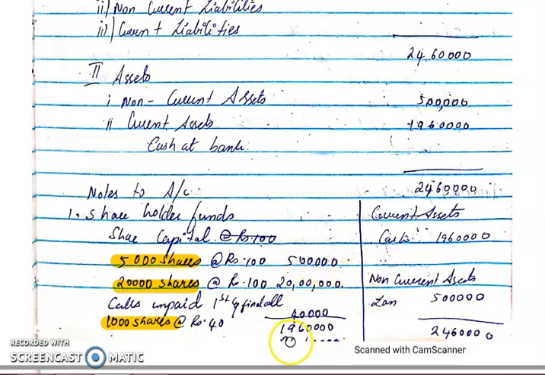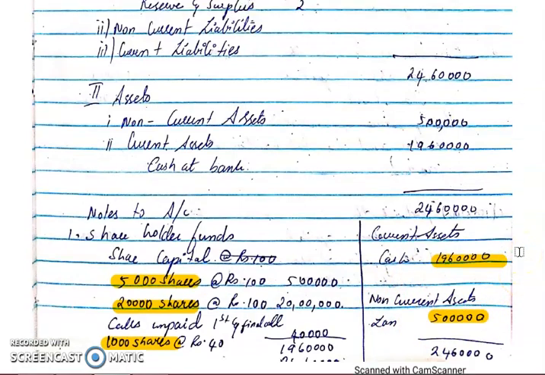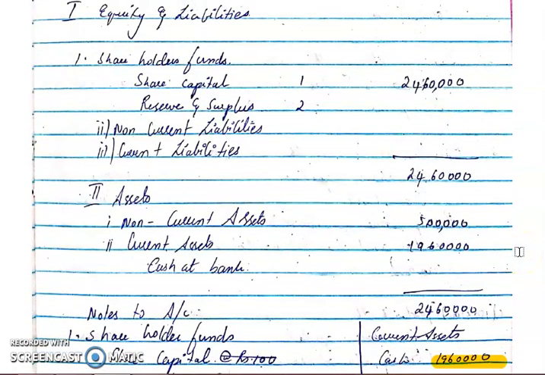You add it with this 5 lakhs, so you will be getting 24 lakhs and 60,000. Here on the asset side, current assets balance brought down, which you found out by opening a bank account. Next one, non-current asset, again land, that will be 5 lakhs. Okay, so the balance sheet got tallied with this amount. Is it clear?